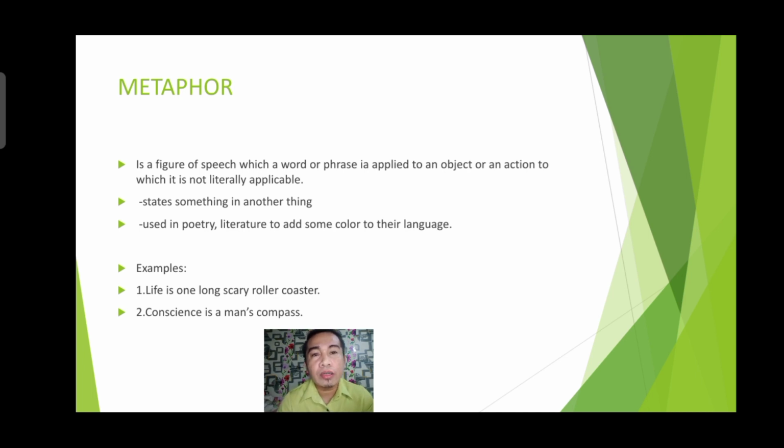Number two, conscience is a man's compass. So we have conscience and a compass. Right? So we don't need to use like or as in comparing. It is a direct comparison. We don't need to use like or as.